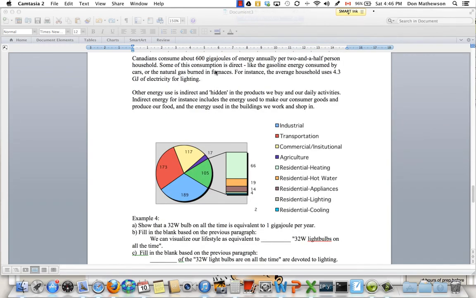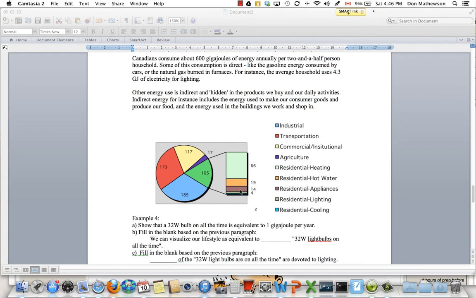So one of the results of the textbook, an important result, is that for every household, 2.5 person household on average in Canada, about 600 billion joules, 600 gigajoules is used. And that breaks down as follows, and this is all the activities that we're involved in. We use about 105 of those gigajoules in our homes, some for heating the house, some for heating the water.